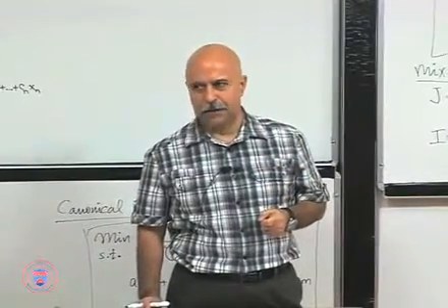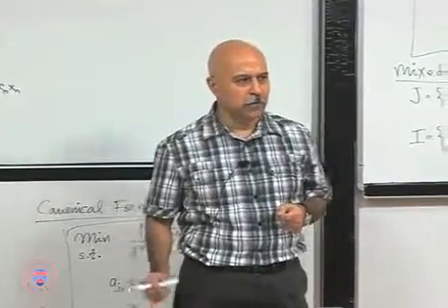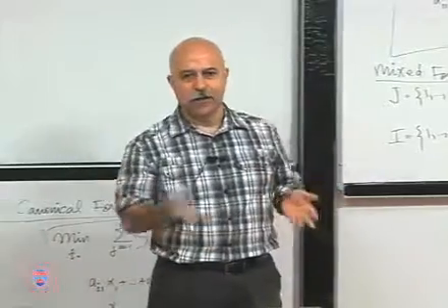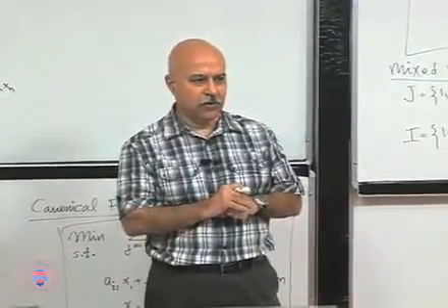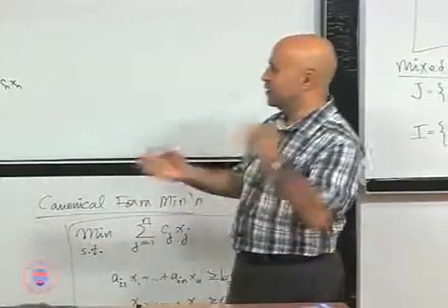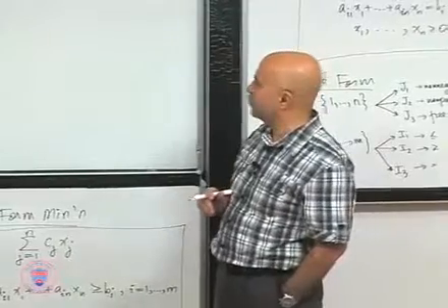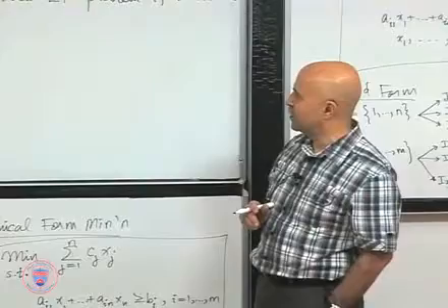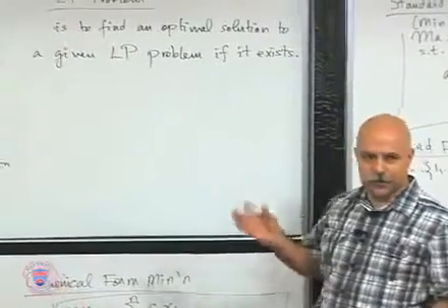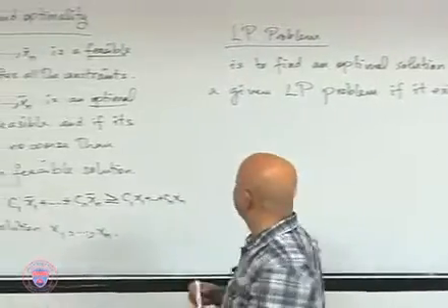In that case, the problem is called an unbounded linear programming problem because the objective value gets better and better. For a maximization, it gets larger and larger in objective value. All right, so these are technical terminology. Nevertheless, it's good for you to get familiar with these at this stage as well. We'll go into these later on also.